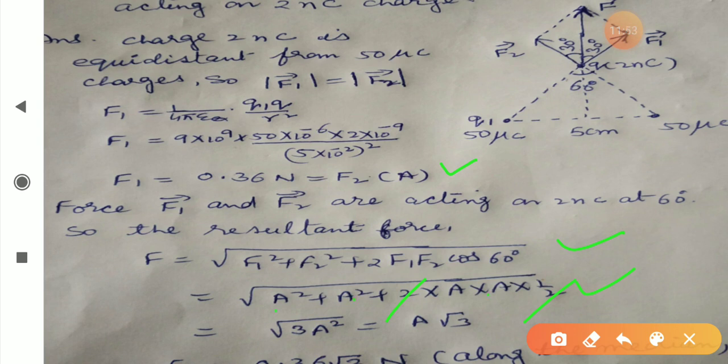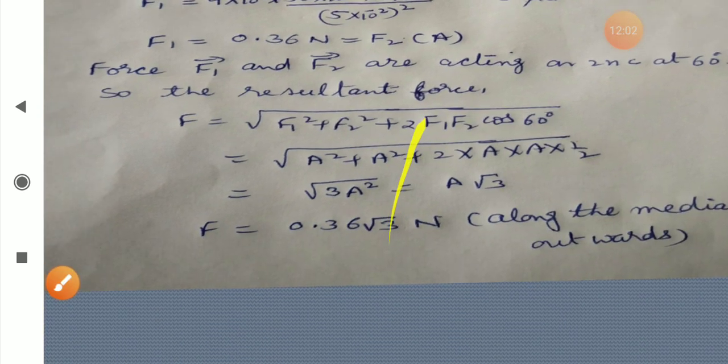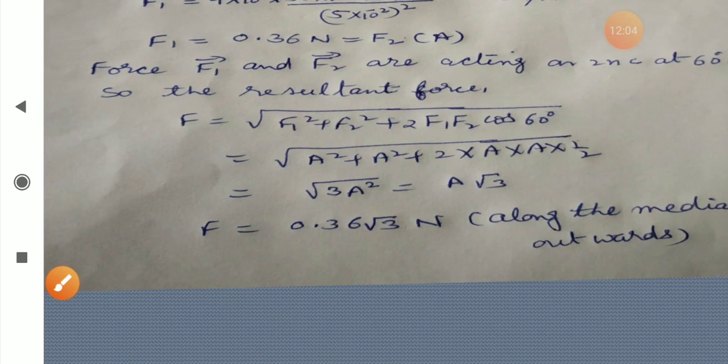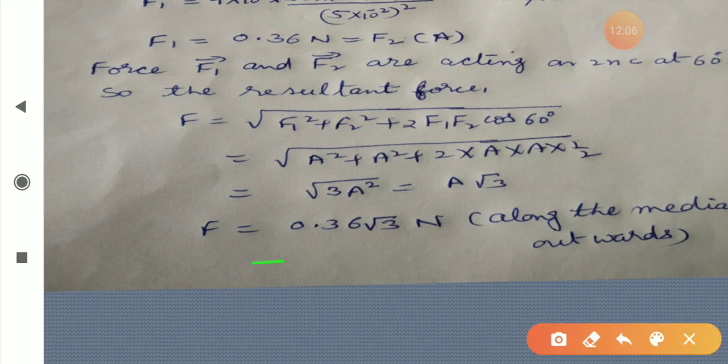So under root 3A square, and from here A is taken out, we are left with A under root 3. Now I can put the value of A, and we have just done the calculation that A is equal to 0.36 Newton, so F is 0.36 into root 3. Now I have left it at this place only, but you can multiply by the value of root 3, which is 1.73, and then you can do the relation.